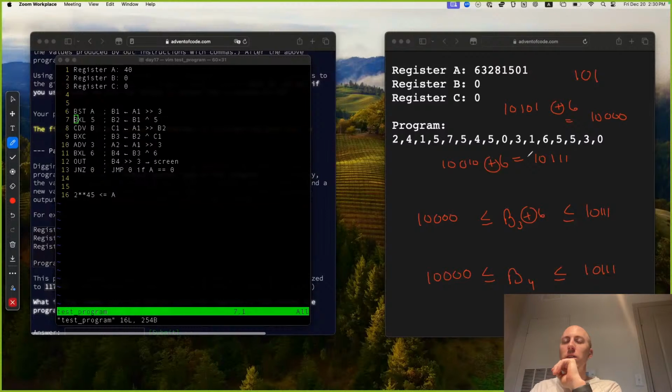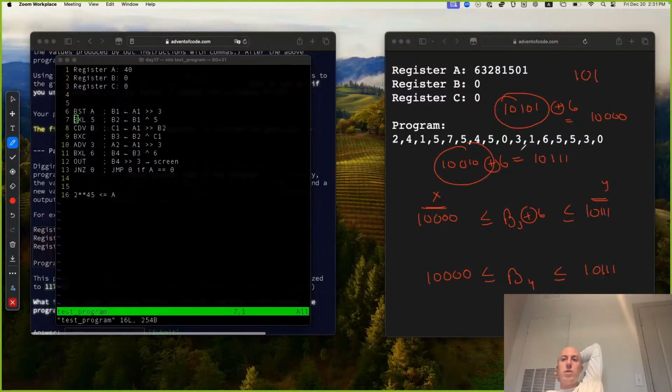So if B3, this is kind of Y and this is kind of X. If B3 is greater than or equal to this, or less than or equal to this, I don't know if you can say that about it, because you're going to be increasing these numbers, and XOR will just flip them.